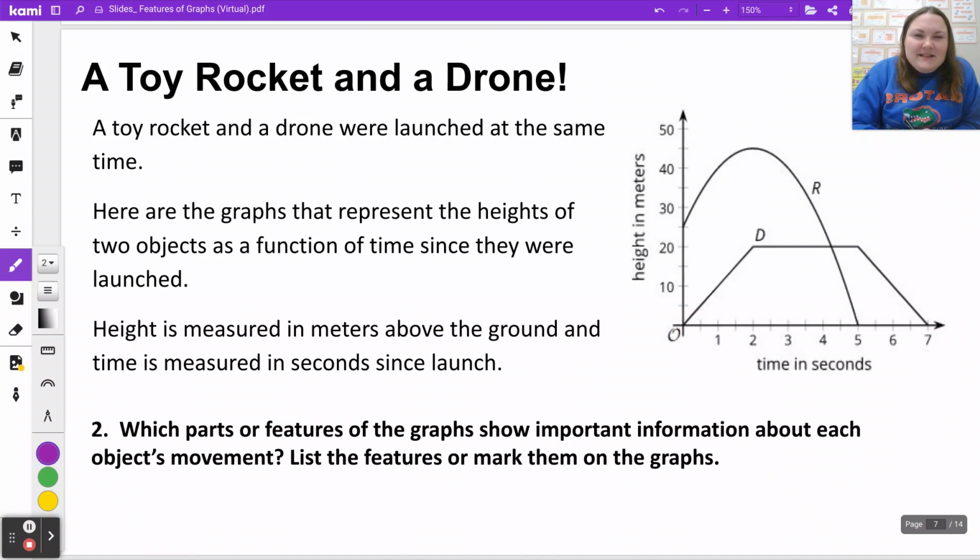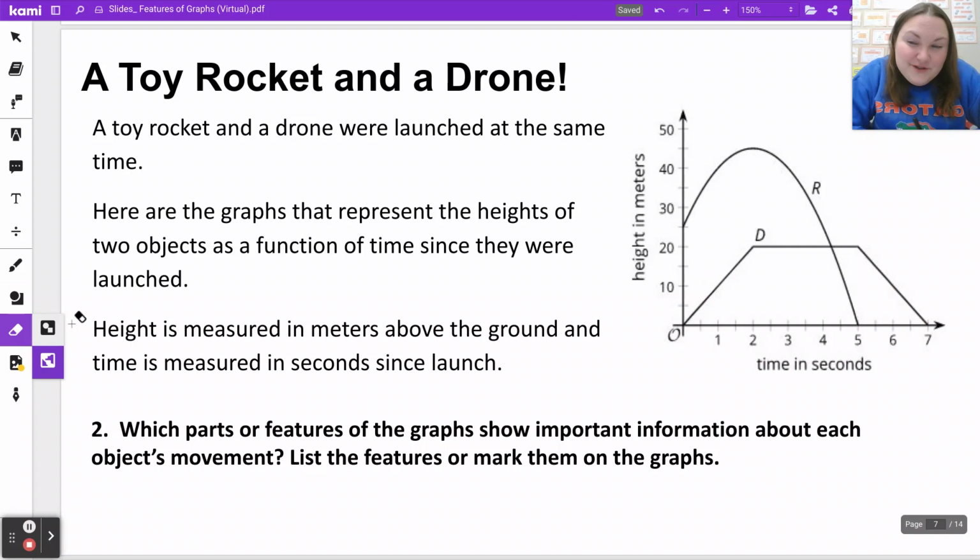When we were trying to describe these graphs, what did we really focus in on? For example, in that description we just looked at, I didn't mention that at 1 second the drone was at 10 meters. That point right there isn't really one of the features that I'm focused in on. Any ideas of what features we might focus on?